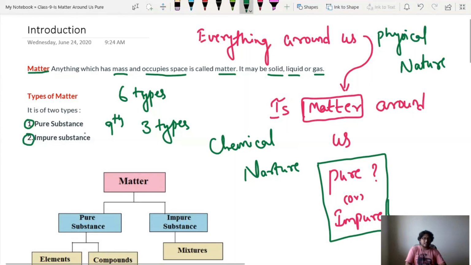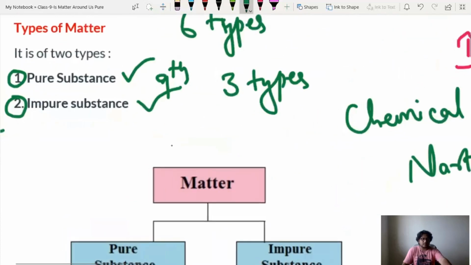Now we need to distinguish what is meant by pure substance and why we call it pure, what is meant by impure substance and why we call it impure. What is the difference between pure and impure substances? That is what we need to learn in this chapter.